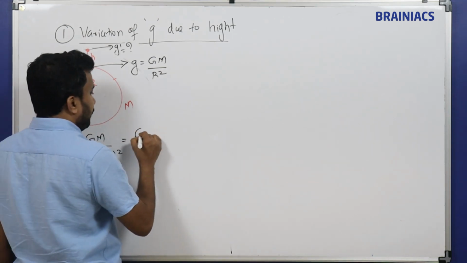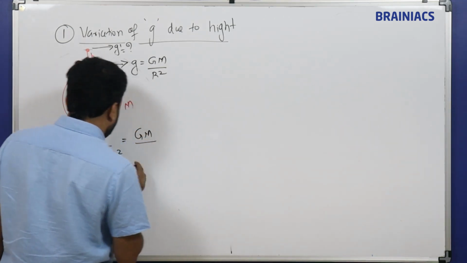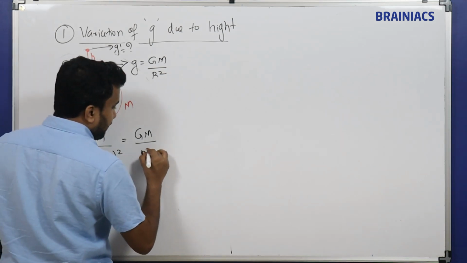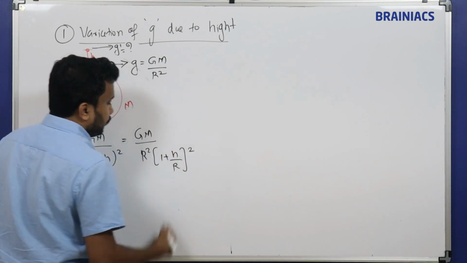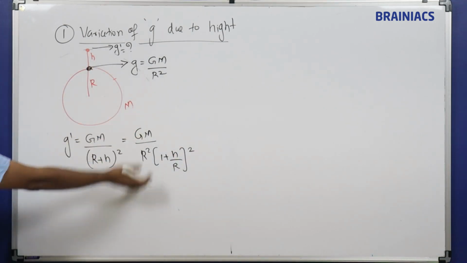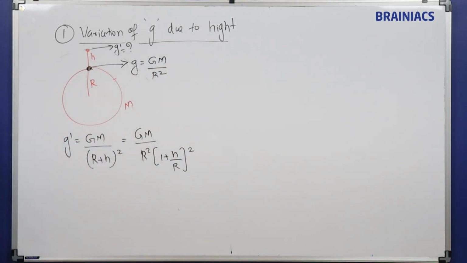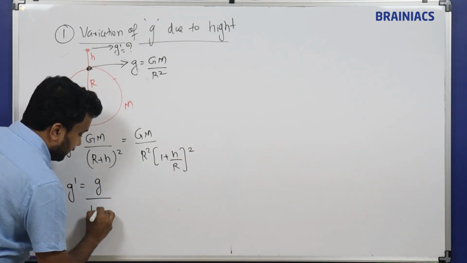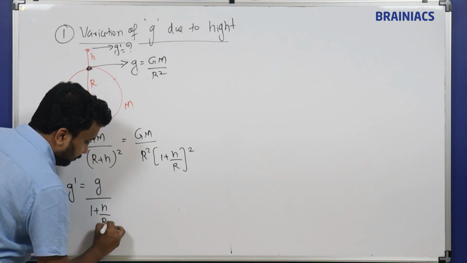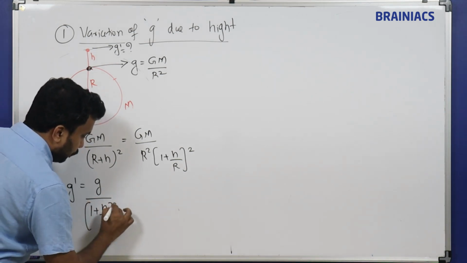So what we will do? Gm divided by r square, taking r outside, so it becomes r square times 1 plus h by r the whole square. What is Gm by r square? Gm by r square is called gravitational field intensity. So g dash will be equal to g divided by 1 plus h by r the whole square.